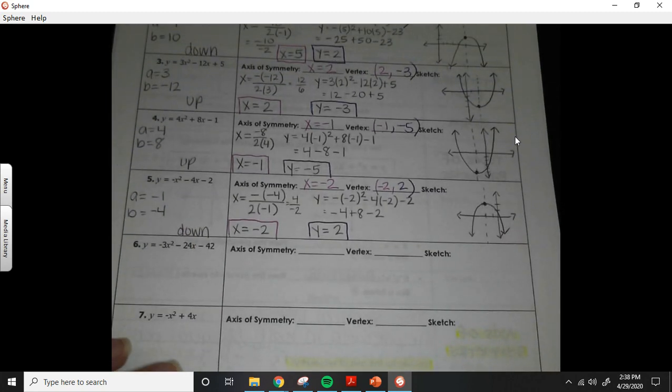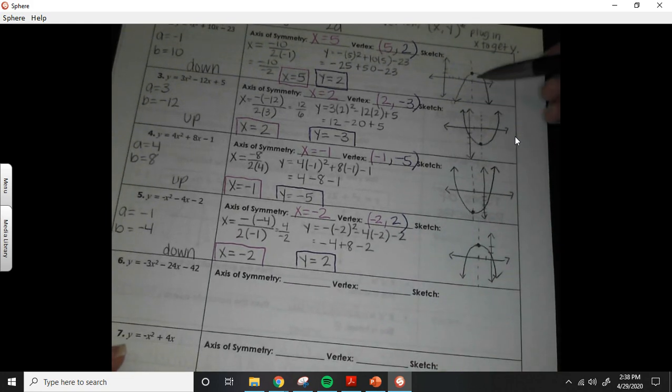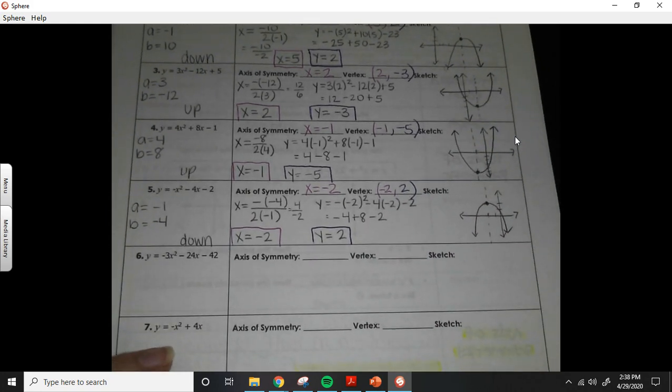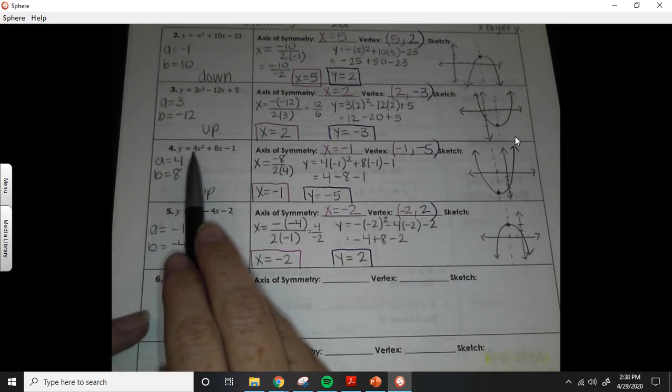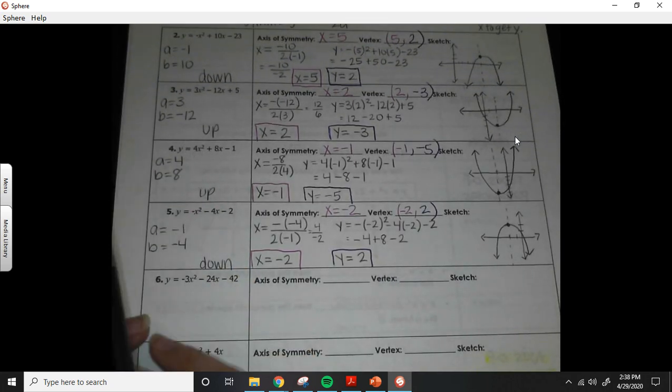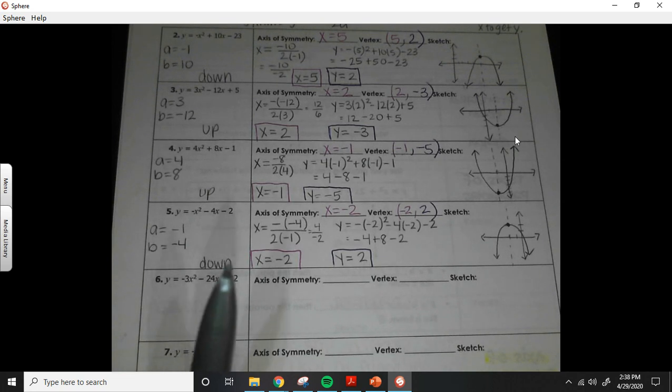Now, if any of you are asking about the width, so how do I know whether to make this parabola really skinny or really wide? We will have a lesson about that, and that has to do with what A is. We had a lesson where we talked about the vertical stretch and compression, and we did briefly discuss this.